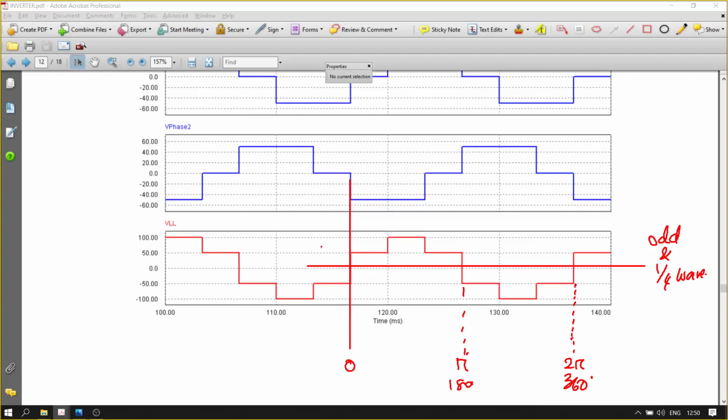This is 50 volt, which is V in, and that is 100 volt. Okay, so this is 100 volt there. So here you have 100 V in over 2, and that one is V in.